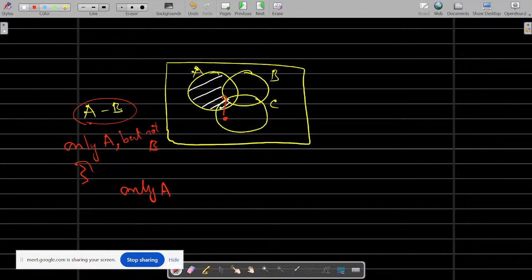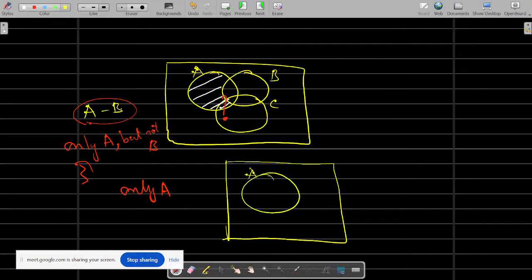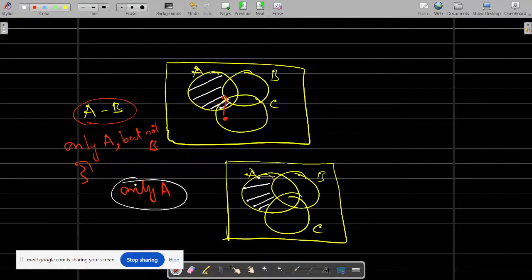What would the figure be? Yes, please join. A, B, C, yeah. This one, right? Because this is only A. So A minus B is different from only A. A minus B is only A but not B, whereas only A means only A, no B, no C.